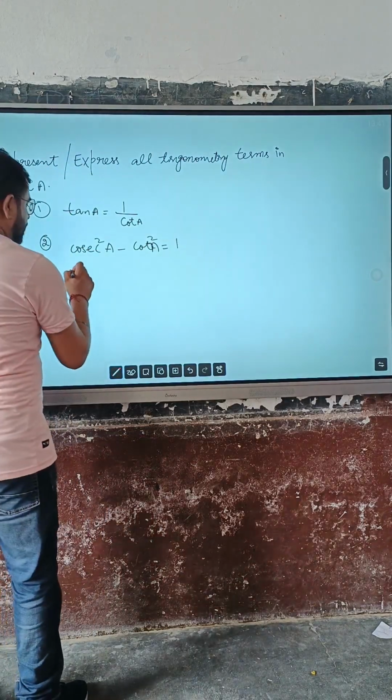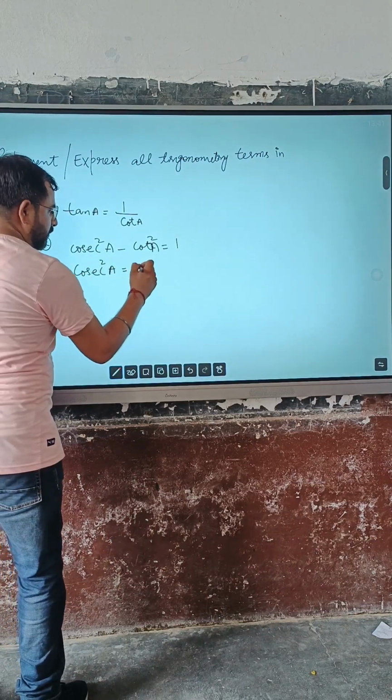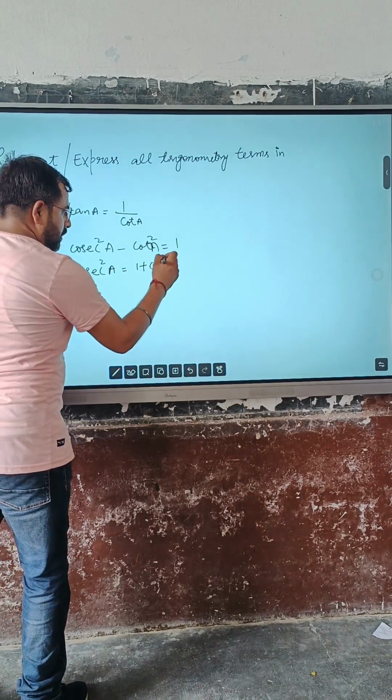So cosecant square is equal to 1 plus cot square A.